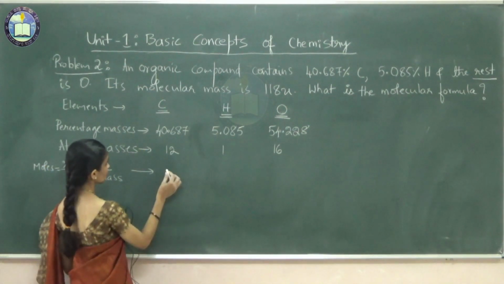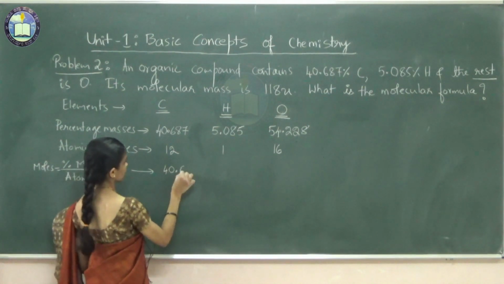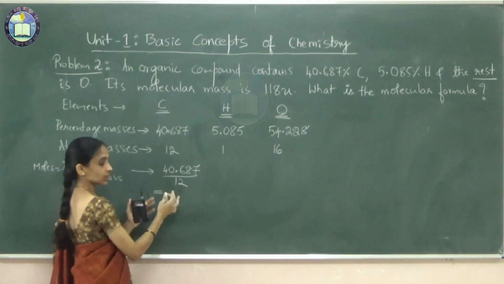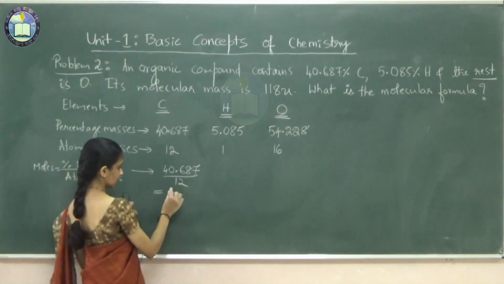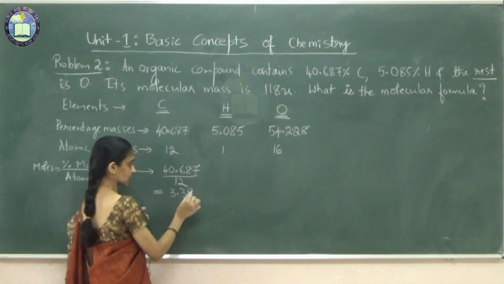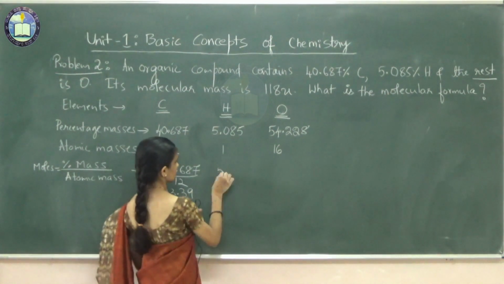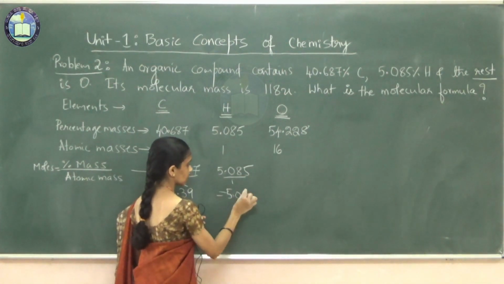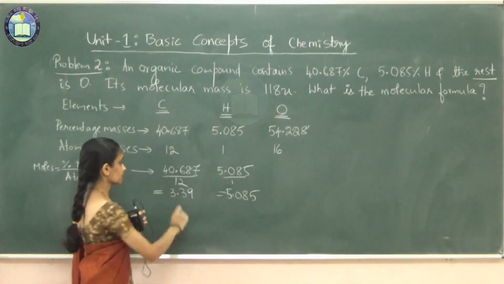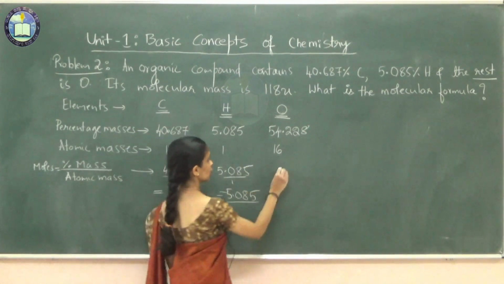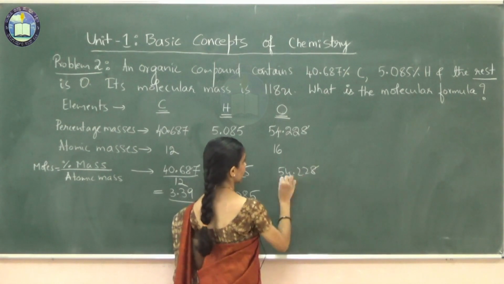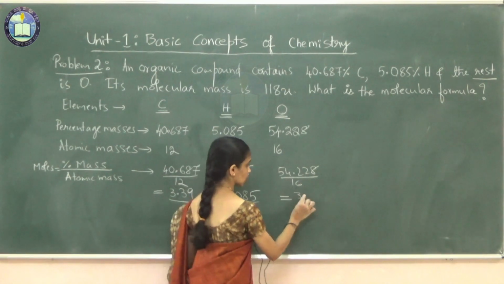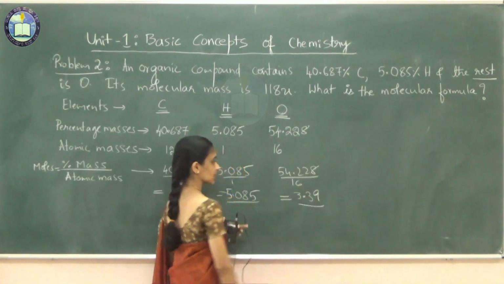Okay, so let me do the division. 40.687 by 12, you can do the division using a calculator. You get it as 3.39. Then this is very obvious. 5.085 by 1 is nothing but 5.085. Then 54.228 divided by 16, done using a calculator, also comes out to be around 3.39.